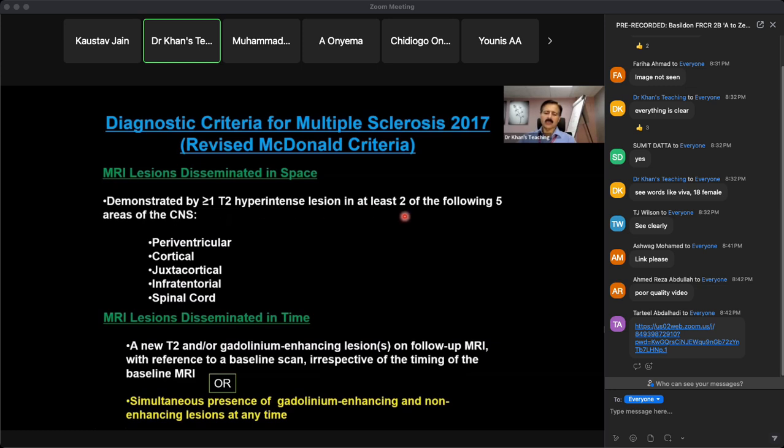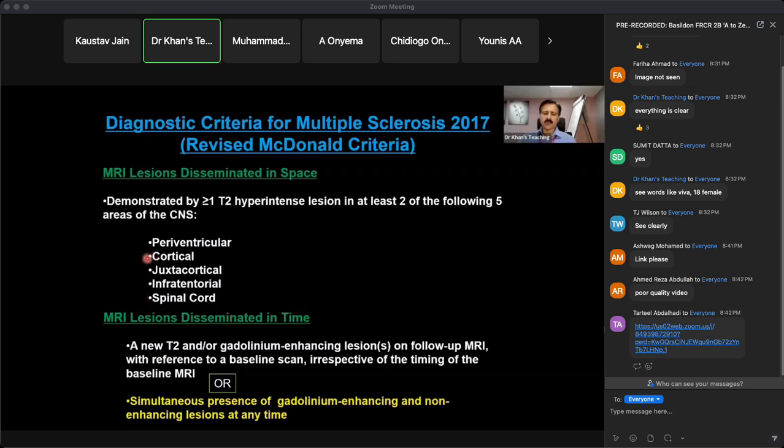What are the sites? Periventricular region, cortical, and I'll come back to this point, cortex. Juxtacortical means subcortical. Infratentorial means somewhere in the midbrain, in the brainstem or the cerebellum, and spinal cord.